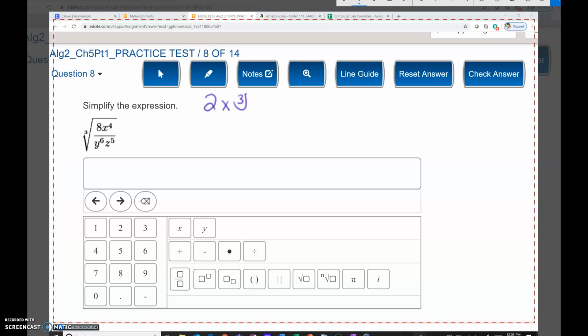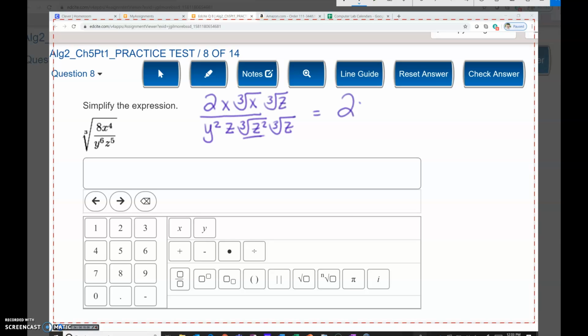2x times the cube root of x over y squared z times the cube root of z squared. So that's the original after you've simplified it. This cube root of z squared is a problem. This needs to be the cube root of z to the 3rd. So we need another cube root of z stuck in there.